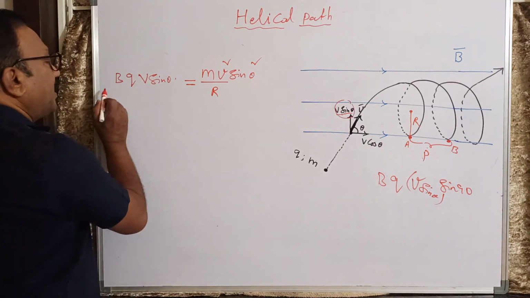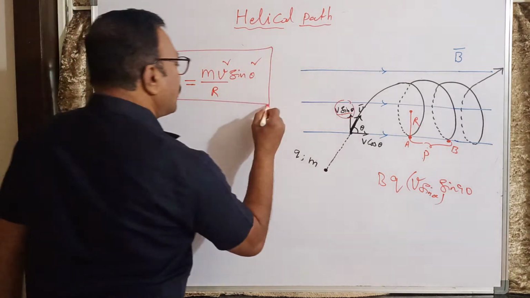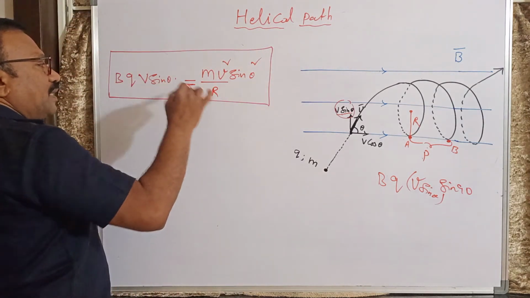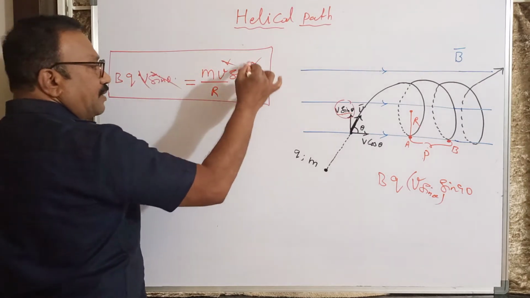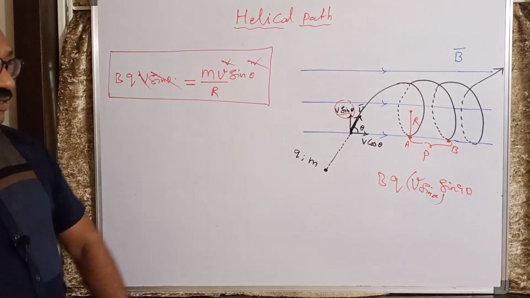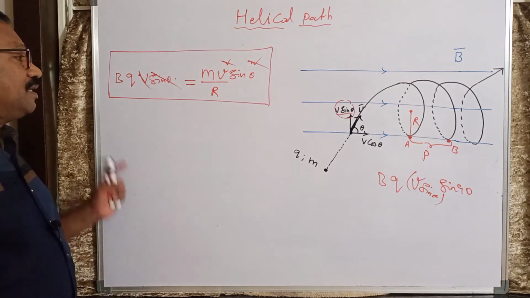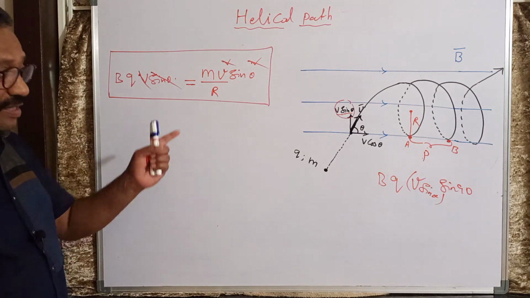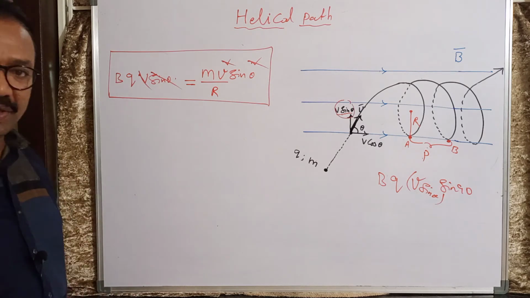So the magnetic force is equal to the centripetal force. I can cancel one V and one sin theta here. From this I can find the radius of the helical path, which I told you. Next I have to find the time of one revolution, the time period. Both I will do from here.